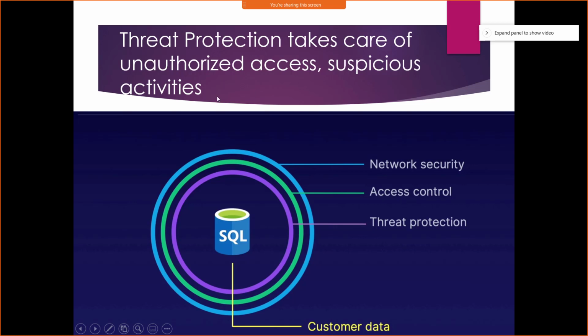Threat protection takes care of unauthorized access and suspicious activities. That would be threat protection, obviously when you put all the vulnerability assessments there, and also the ATP, which is advanced threat protection, a famous Azure feature that you can utilize.